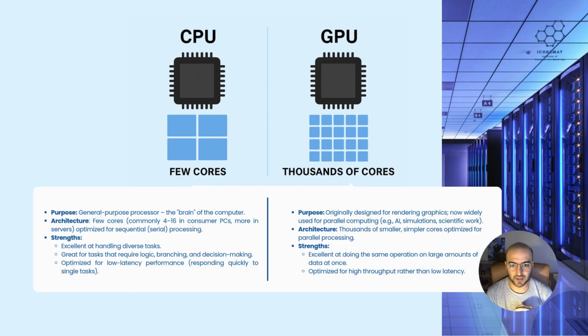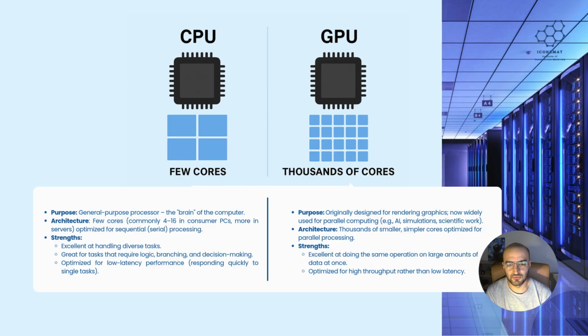On the other side, the GPU was originally designed for rendering graphics and is used for parallel computing for AI, simulation, and scientific tasks. Imagine that there are hundreds of, so we'll keep that for the next slide, a kitchen analogy to compare the CPU and GPU more sensibly.